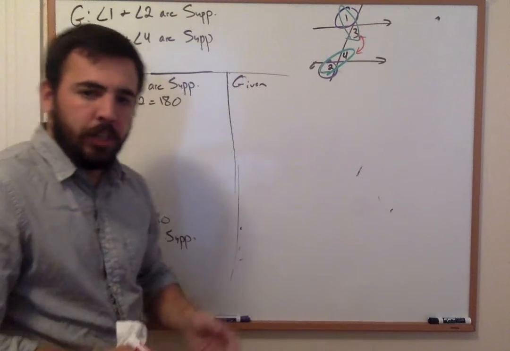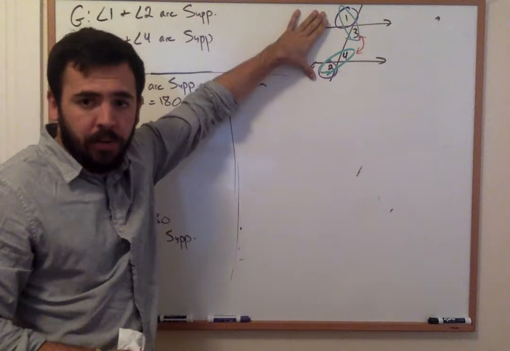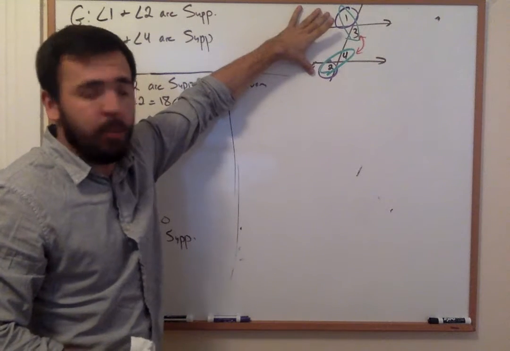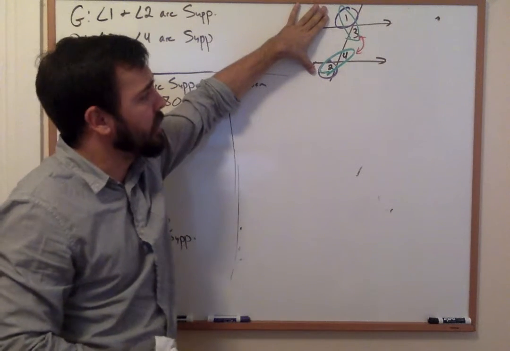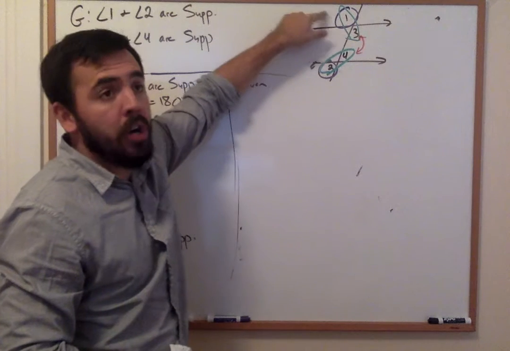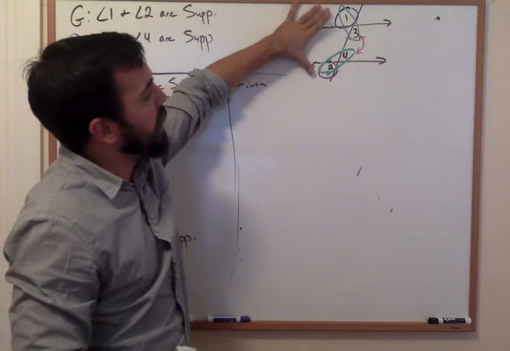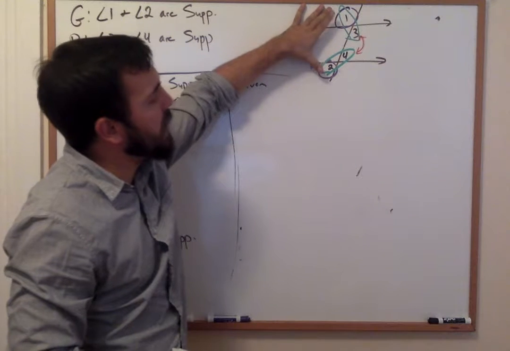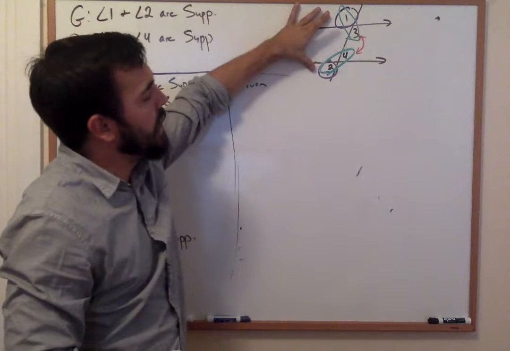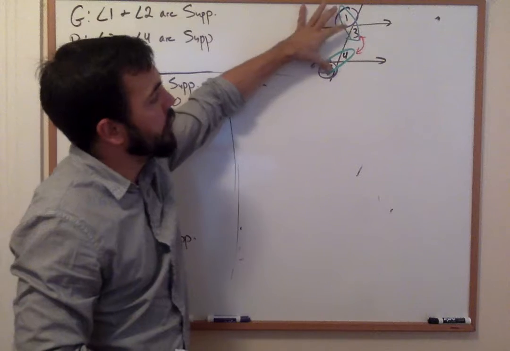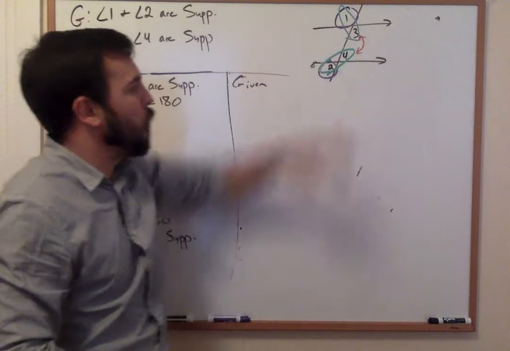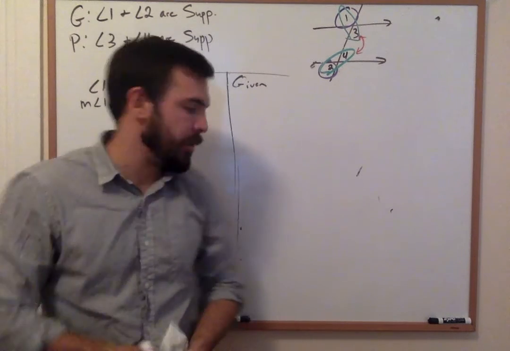If the only relationship I have is that 1 and 2 are supplementary, and I notice that 4 and 2 are congruent, and 3 and 1 are congruent, then if I replace 1 and 2 with 3 and 4, then 3 and 4 must also be supplementary.